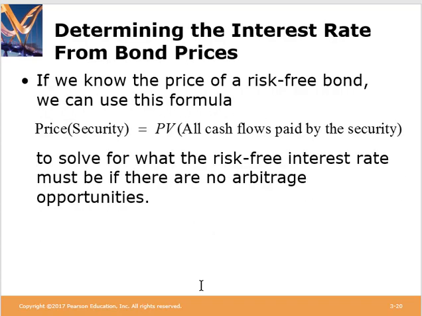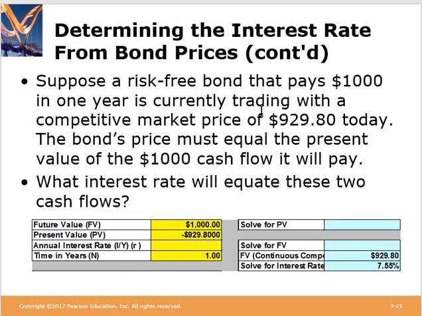So let's talk a little bit about interest rates for a second. If we know the price of an asset, and it's a risk-free bond, we also can solve for the risk-free interest rate because, again, there can be no arbitrage opportunity. So essentially what we're saying now is we know what this asset costs. We can buy this asset today for $929.80.